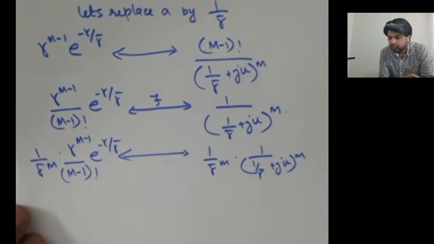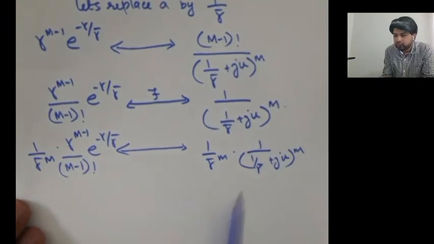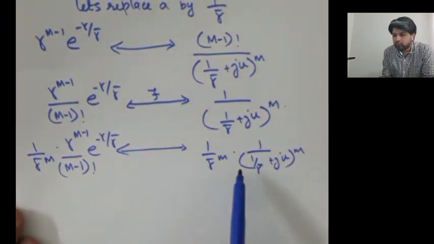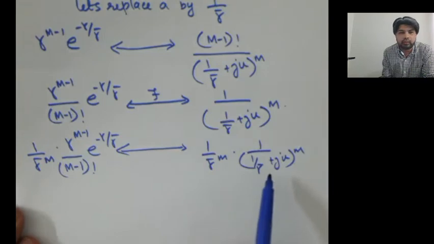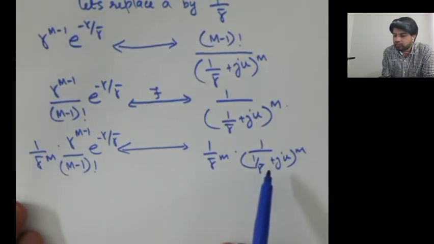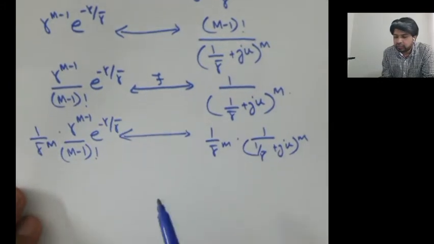So this is the inverse Fourier transform of the product of M identically distributed Rayleigh fading distributions. So let me write it cleanly.